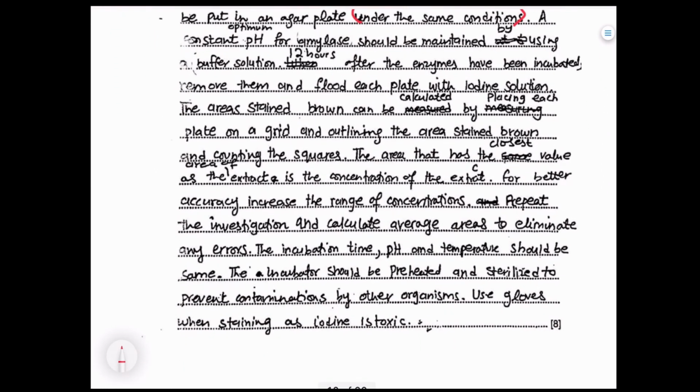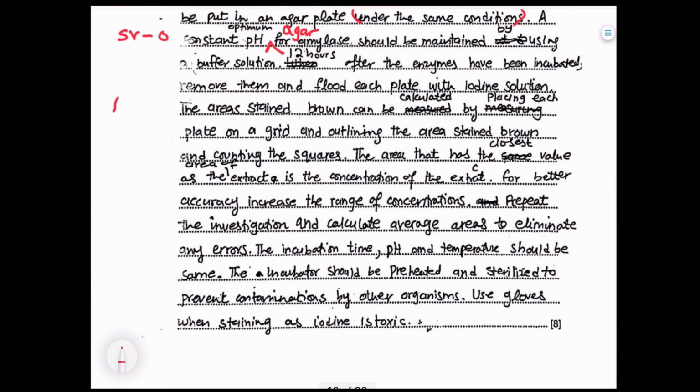Then the same thing here, the student attempt to talk about standardizing the pH, but remember earlier on I mentioned that pH must be in the agar. So this one, no marks is awarded. And then the iodine solution. Is it necessary to mention the same volume of iodine solution? Not really, so no mark will be awarded.